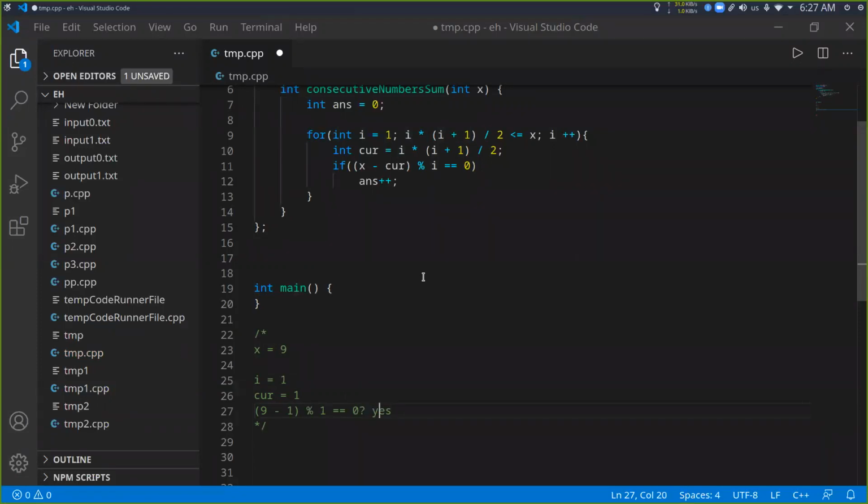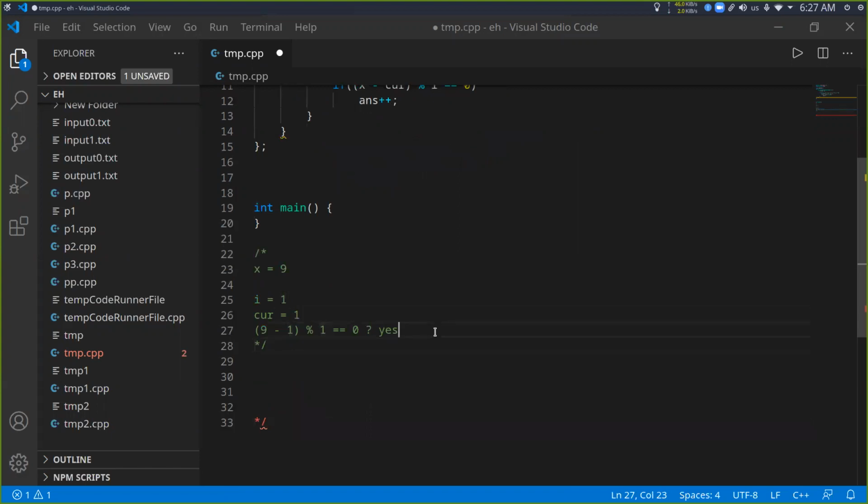Yes. So 9 minus 1, which is 8, is divisible by 1. That means I could distribute this 8 over the current. So I'll just add 8 to current, which will be 9, and we can form x of one consecutive integer, which is 9.